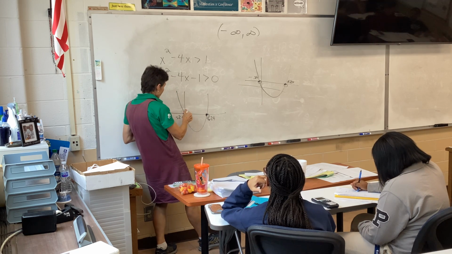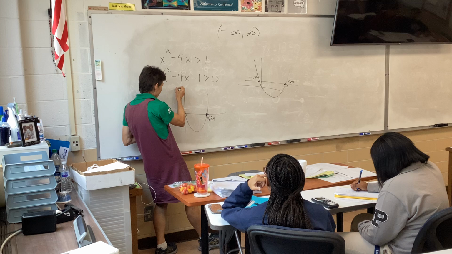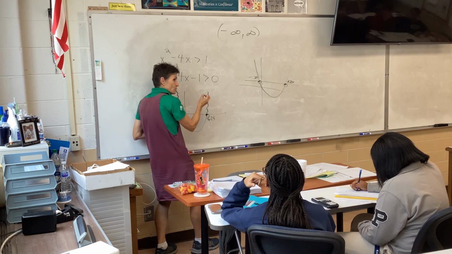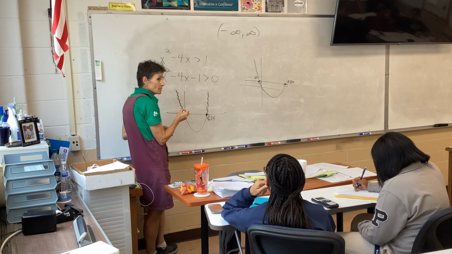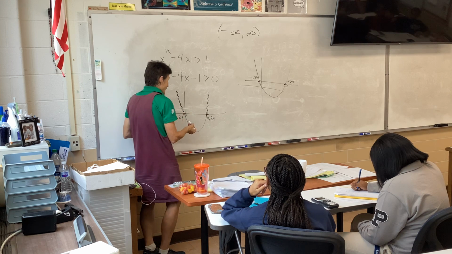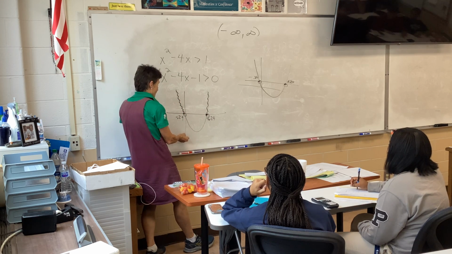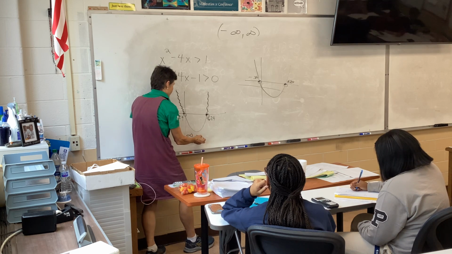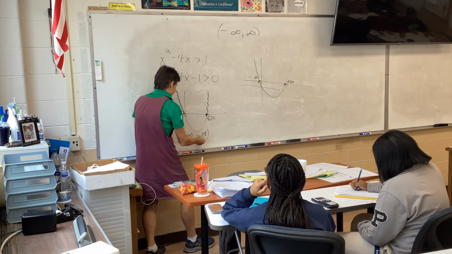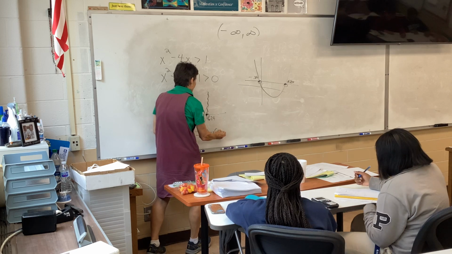So the parabola is bigger than 0 here and here. Would you agree with that? So how do I express that as an answer? Lauren? Negative infinity, negative 0.24 or 4.24 to infinity.